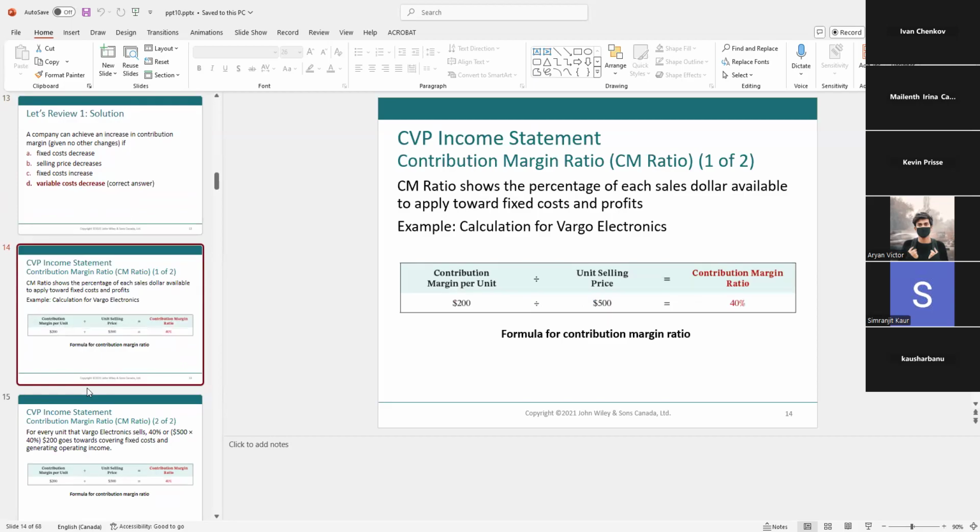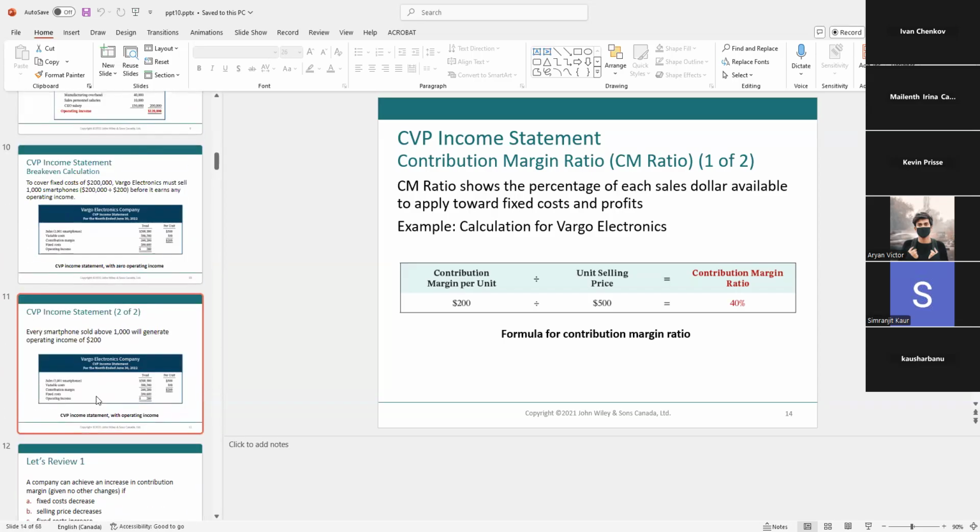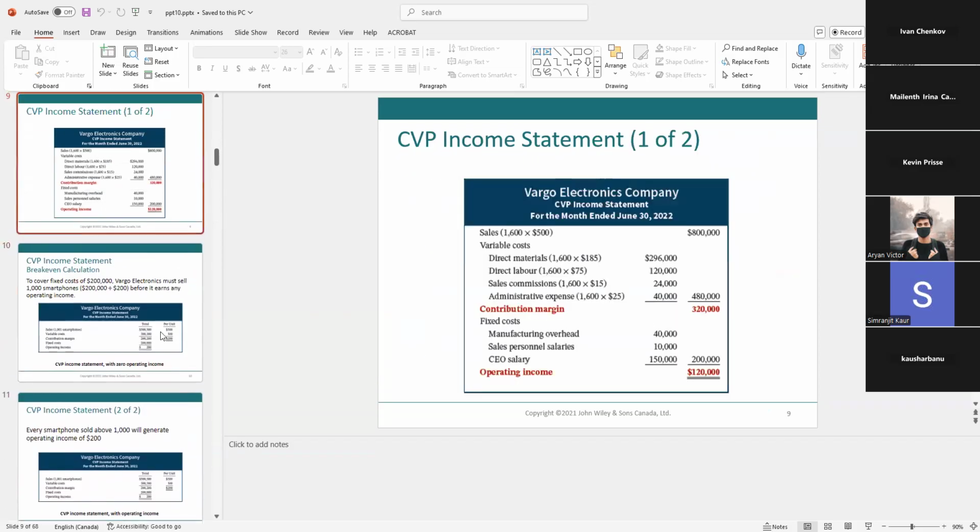Say here, ratios. How are we going to get the ratios? If you want the contribution margin ratio, what do we have to do? Contribution margin per unit divided by the sales price per unit, or the total contribution margin divided by total sales.